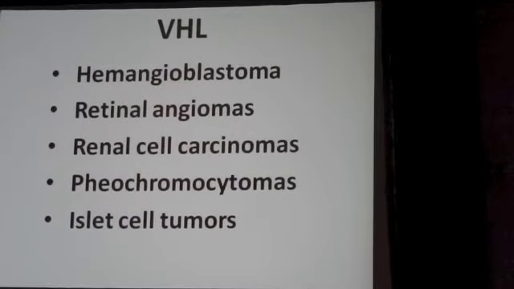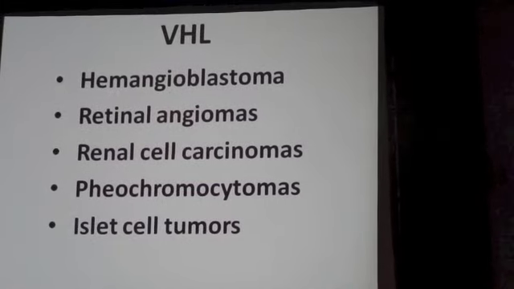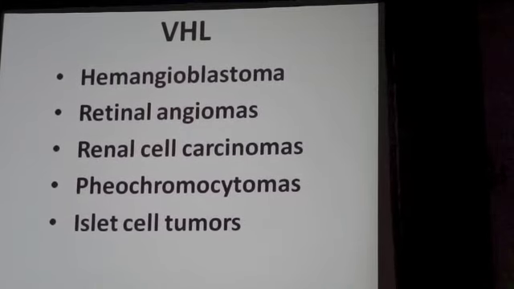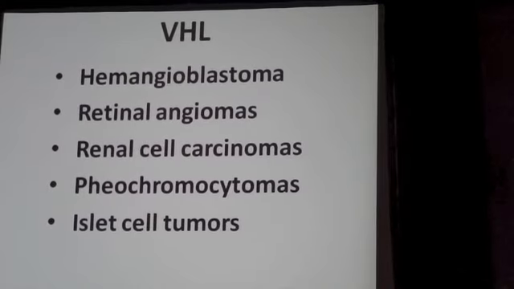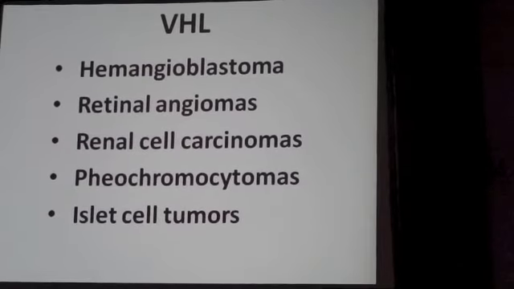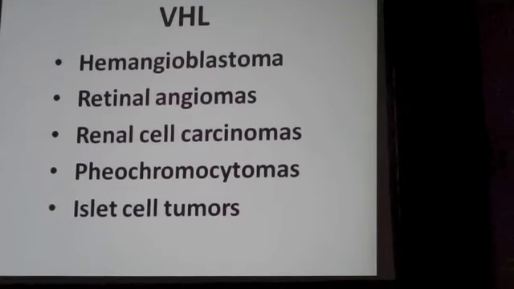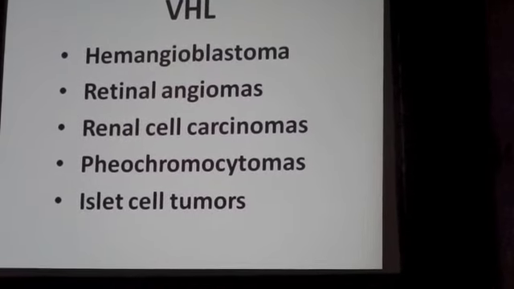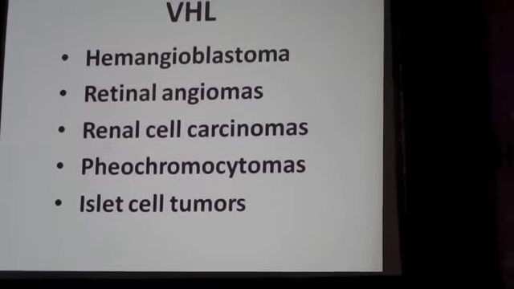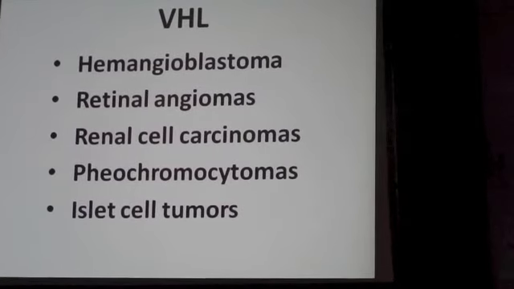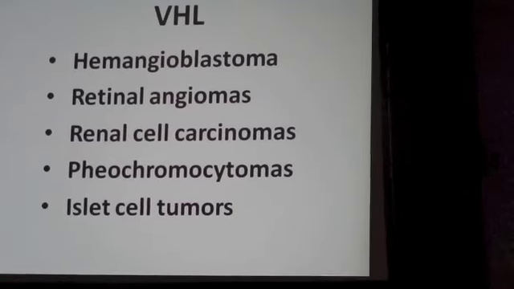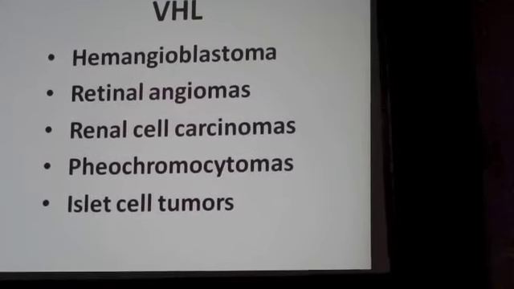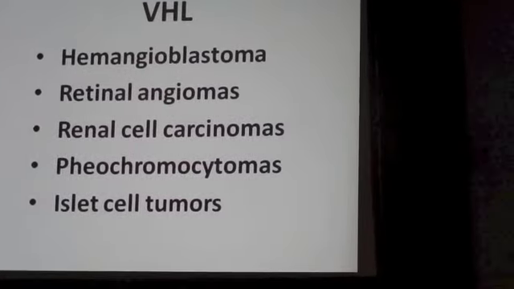As in MEN2A and 2B, pheochromocytomas are often bilateral in these patients. So if a specimen comes into the pathology lab and you see pheochromocytomas involving both adrenals, it definitely doesn't have to be just MEN2A or 2B. It could certainly be von Hippel-Lindau or neurofibromatosis, which we'll touch on shortly, and then islet cell tumors.